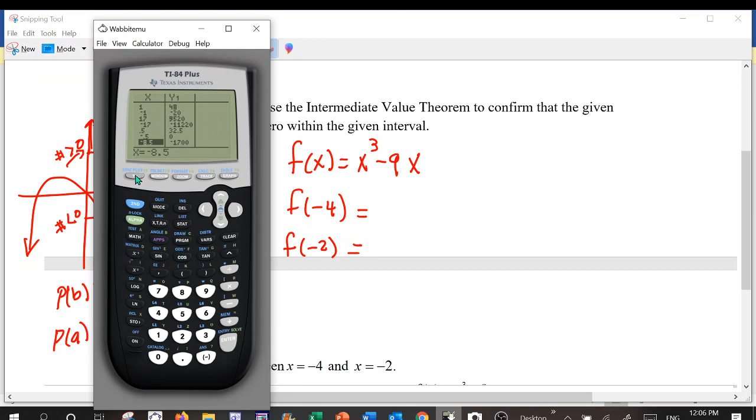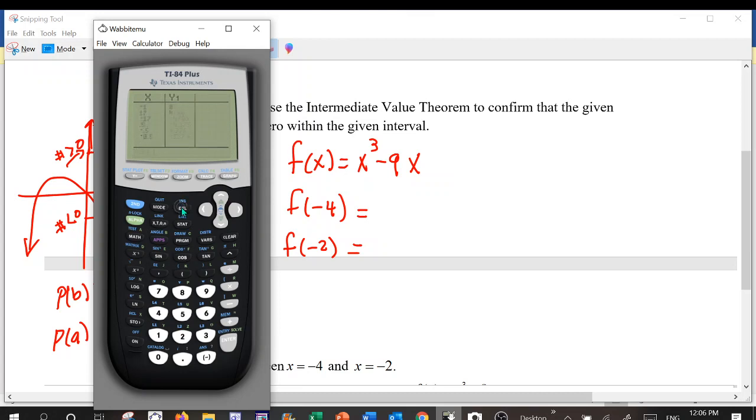So I go to y equals, and I put that function in y1, that is x to the third power minus 9x. And I go to the table set. Make sure the independent is on ask so I can put numbers in there. If you see it like that, make sure you go over ask and press enter to change it. And then you go to table.